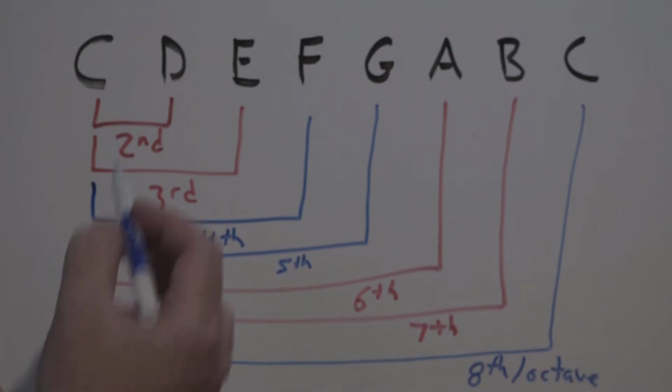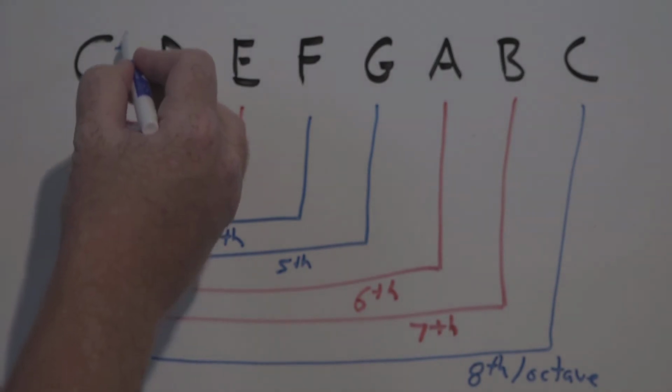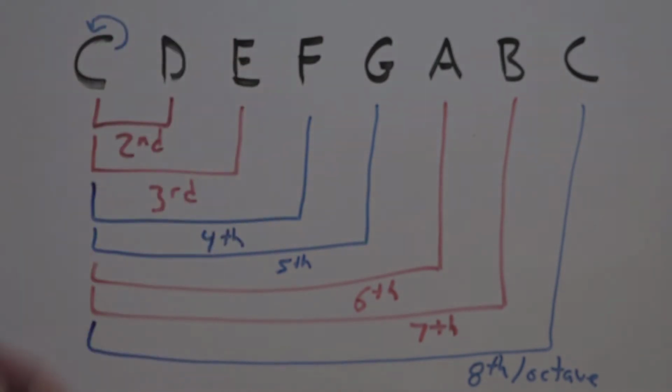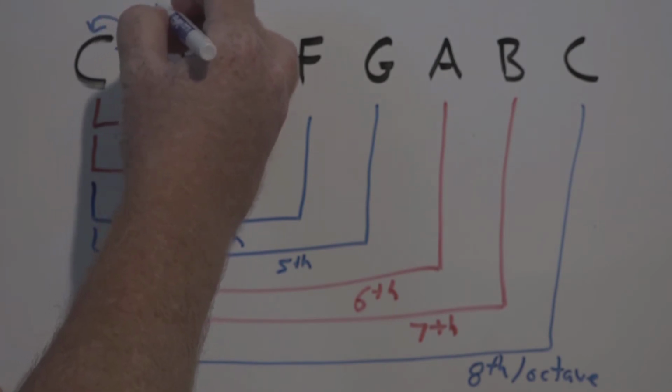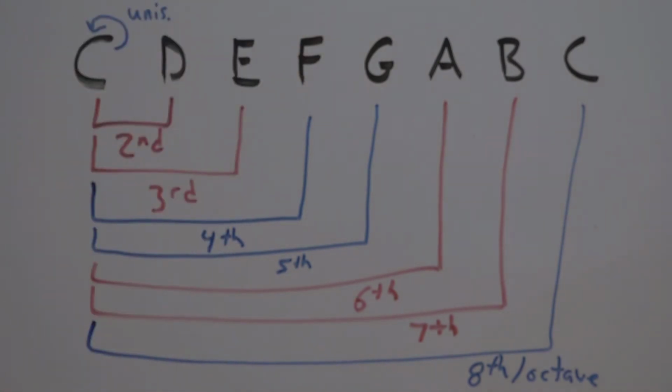There is really one more, and that is a C going to a C. That is a unison.